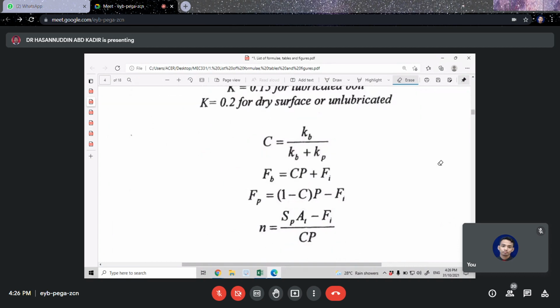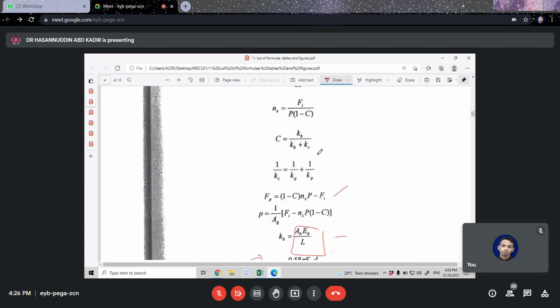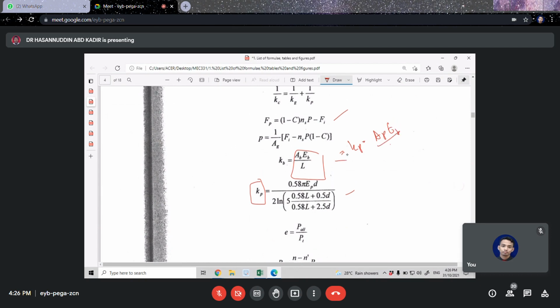C ni kamu boleh gunalah untuk dapatkan value of C. Semua KB plus KP. So kamu kena cari rumus untuk KB dan juga rumus untuk KP. You need to find. So mana nak dapatkan ni, dia dah beritahu lah dalam list of formula ni. Kamu boleh guna balik KB, apa rumus dia. Ni this one AB EB over L, sama juga dengan KP lah. Untuk part pun sama. KP sama ni AP EP divided by L.